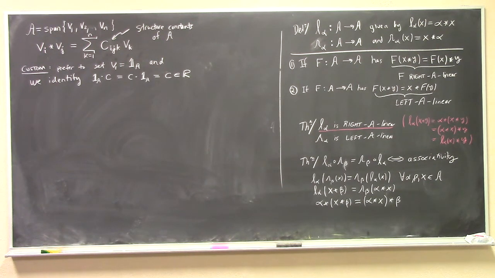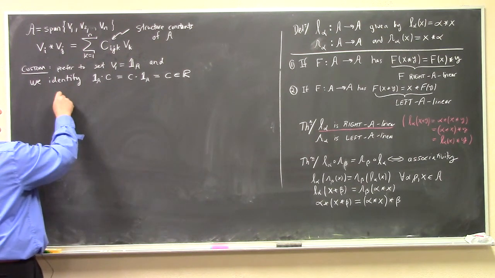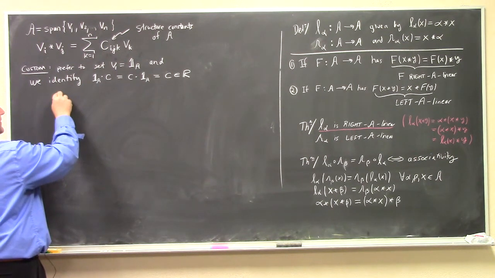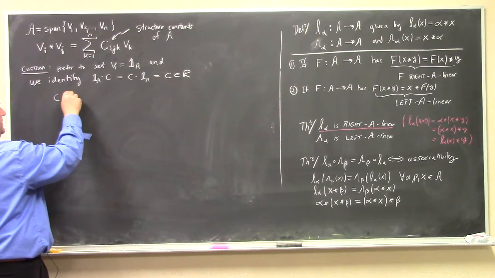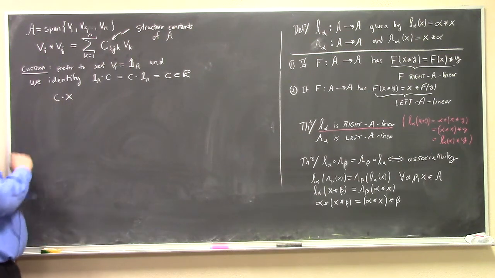Yeah, but the identity can be a vector. That's right, so it doesn't always have to be a real number. But we can think of it as a real number if it's a multiple of 1, because it behaves that way. You know what I mean? If I've got a constant times a vector, this is scalar multiplication, right?